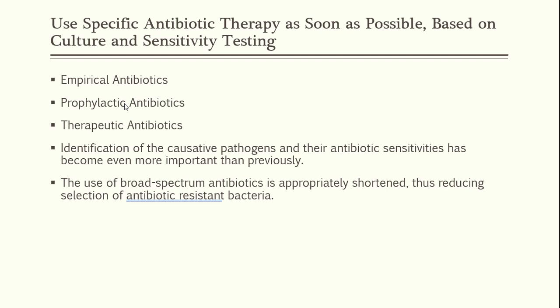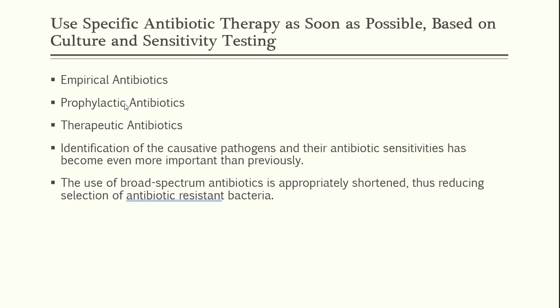So what do we do in this case? We give the most commonly working antibiotics. In the oral cavity, amoxicillin or clavulanic acid can be working, so I can prescribe it until I get the sensitivity results, the culture results. Then I will give therapeutic antibiotics, the antibiotic that works against this bacteria.